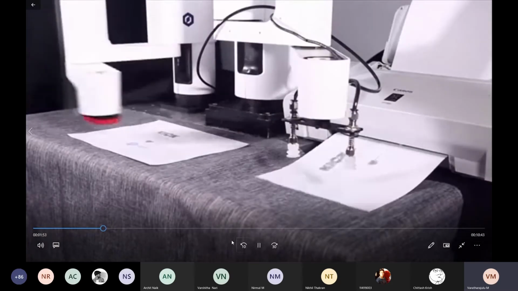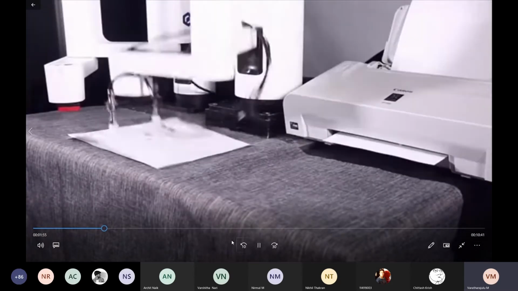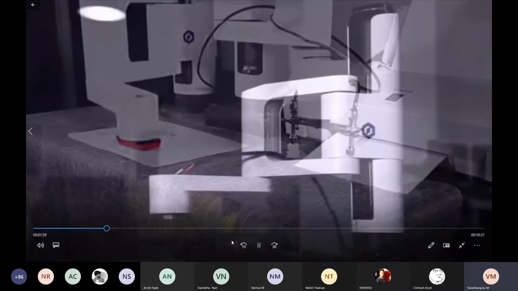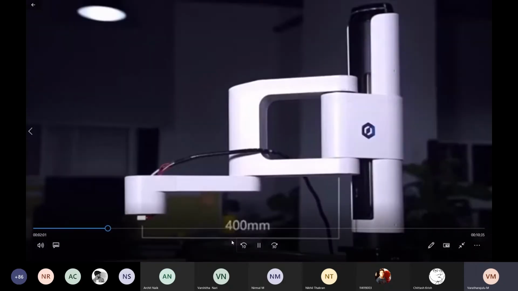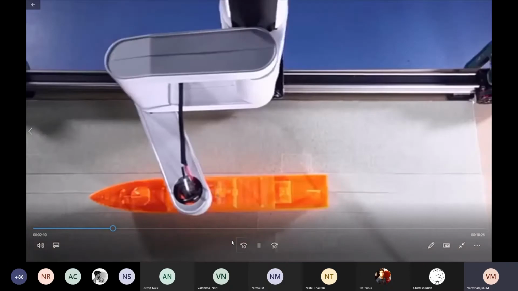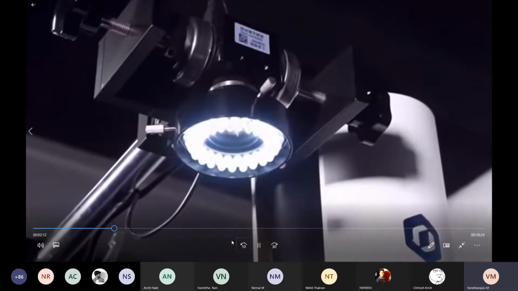But we don't stop here. DoBot M1 is highly extendable. There are no limits to your imagination on it. The maximum reach of DoBot M1 is 400 millimeters, which is enough for most situations. But why don't we think bigger, when it can actually go further? Or use a camera for vision. With its fast and accurate image recognizing algorithm, it can distinguish colors without making one mistake.